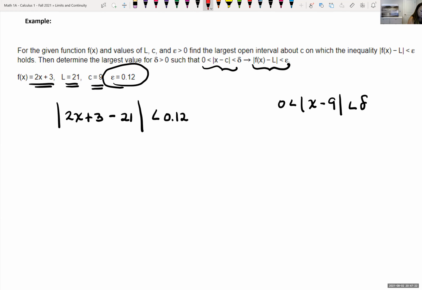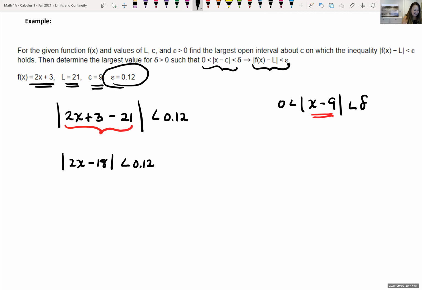So our goal is to get what's inside this absolute value to look like x minus 9. I normally start with combining like terms inside my absolute value. Doing that, 3 minus 21 gives me negative 18, so 2x minus 18 is less than 0.12.